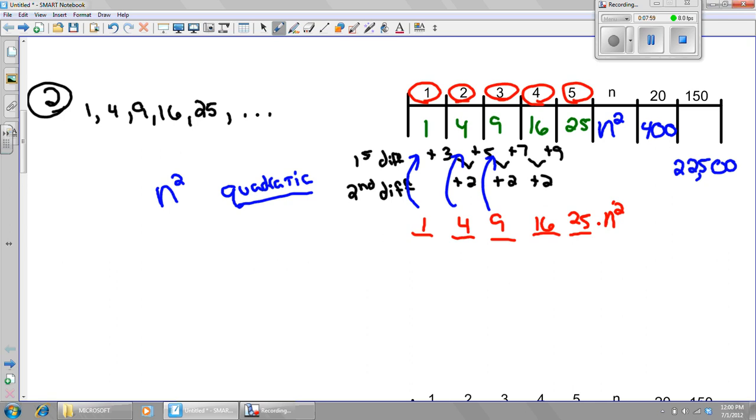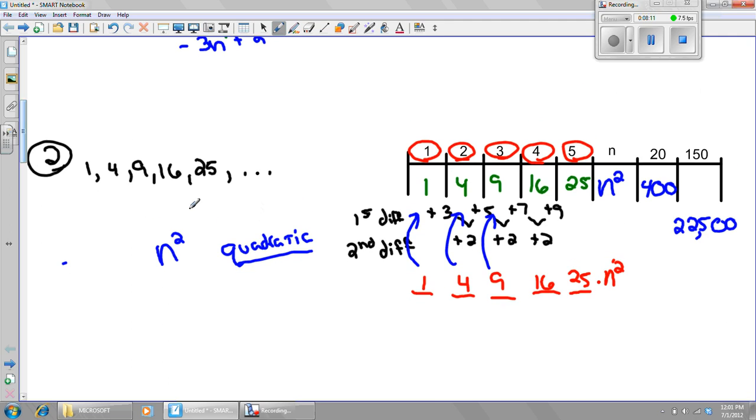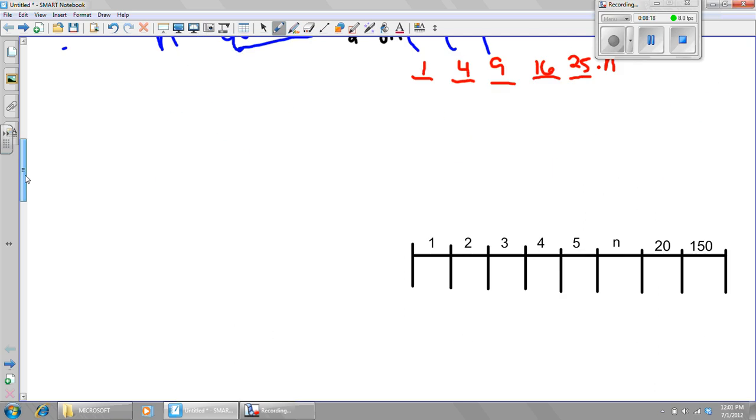And I know some of you are so sharp, you've already figured out all of these linear ones, their highest exponent is 1, right? But on this one, the exponent is a 2. That's what makes it quadratic, because the exponent is a 2.